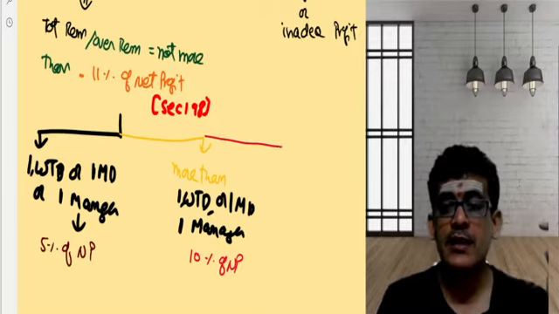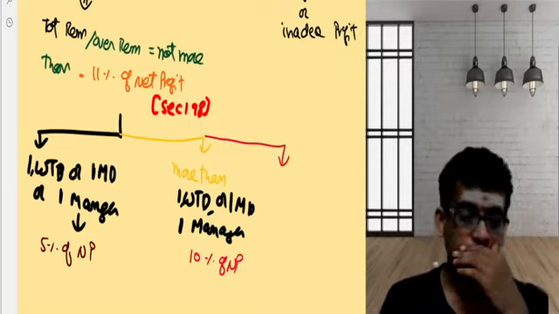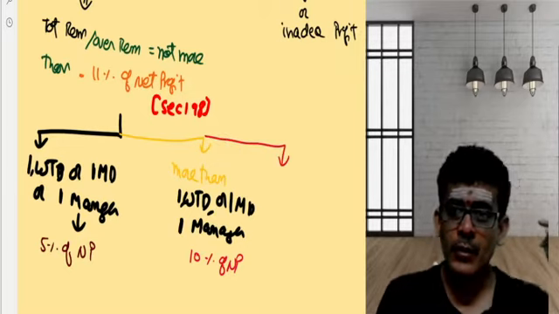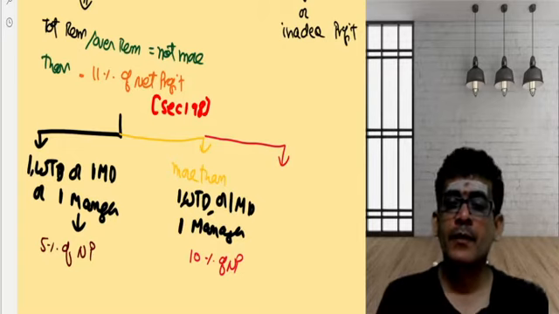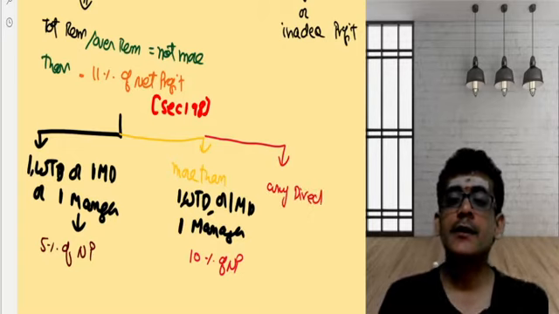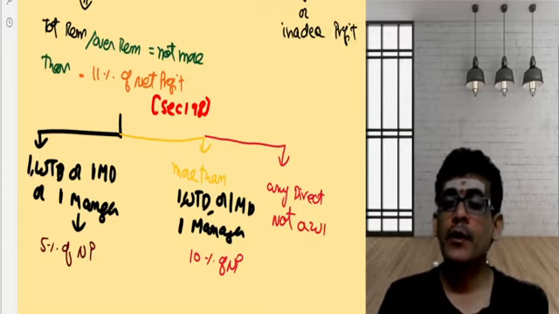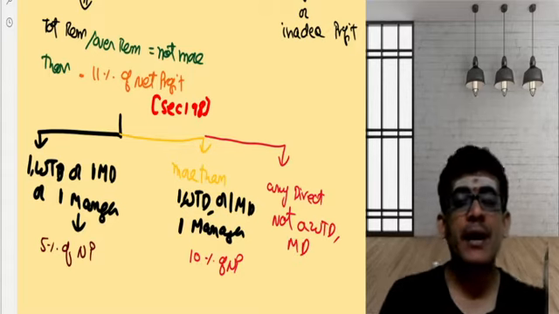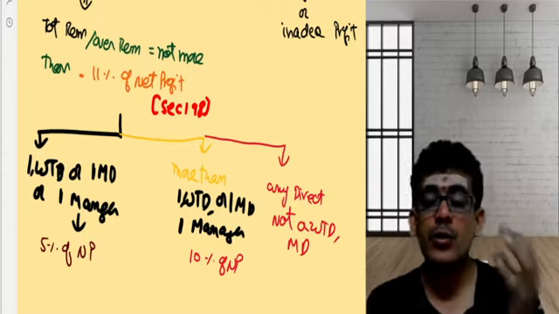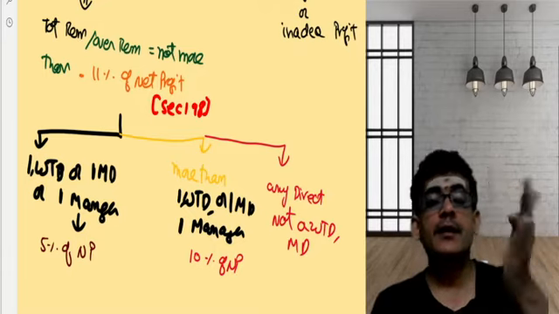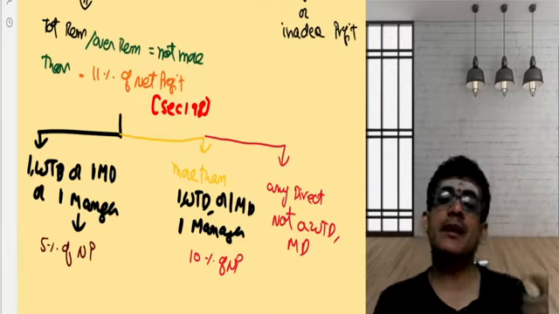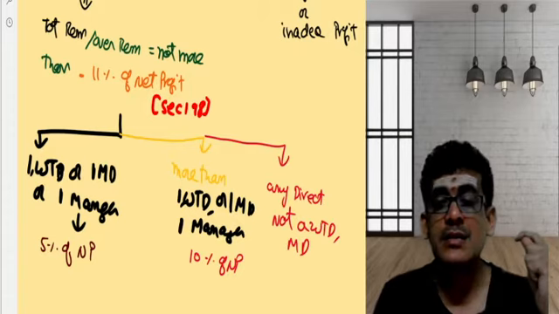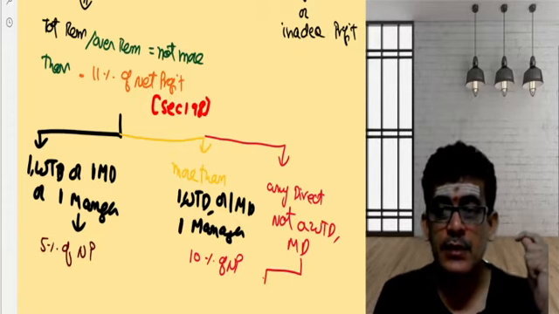Along with this, the standard also says one point: you are having a director who is not a whole-time director and not a managing director. In this case, what does the section say?